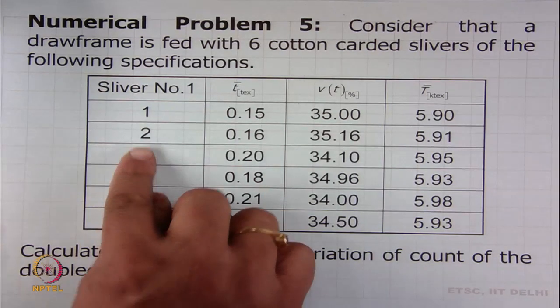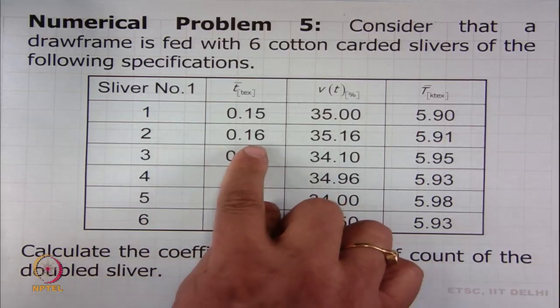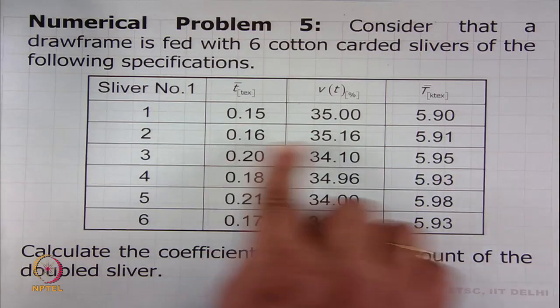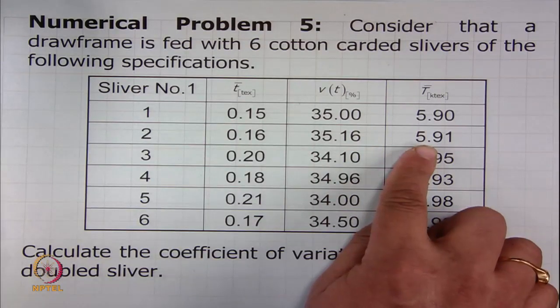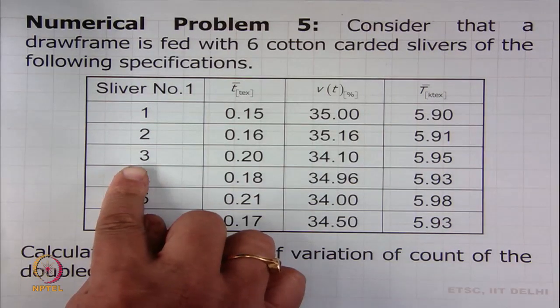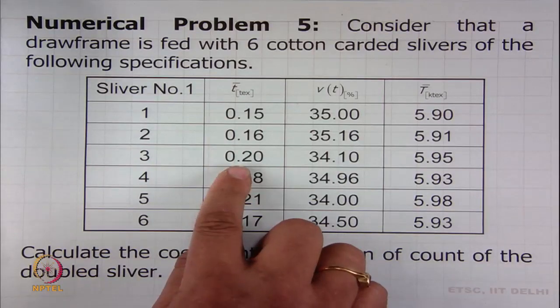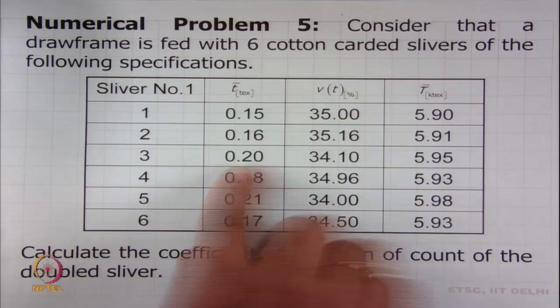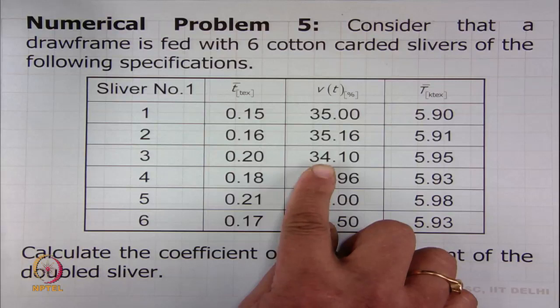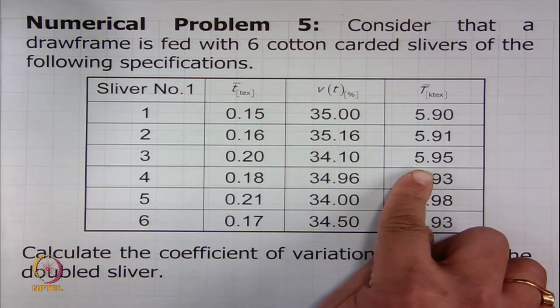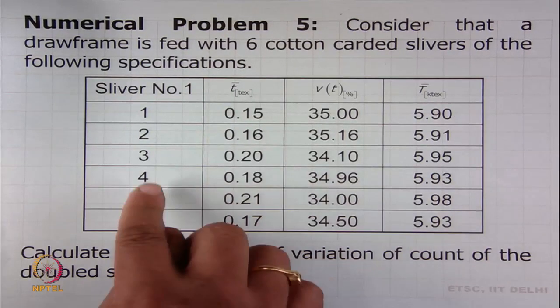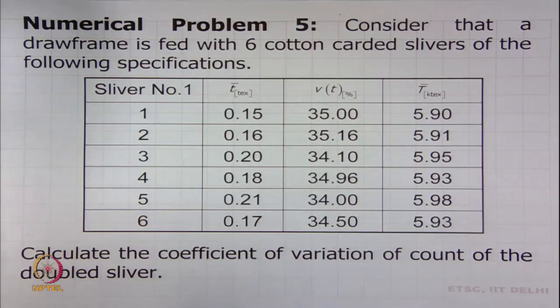Second sliver is different from first one, mean fiber fineness 0.16 tex, CV of fiber fineness 35.16% and mean sliver fineness 5.91 kilotex. Third sliver is different from 1 and 2, mean fiber fineness 0.20 tex, CV of fiber fineness 34.10% and mean sliver fineness 5.95 kilotex. Similarly, all other slivers are different.